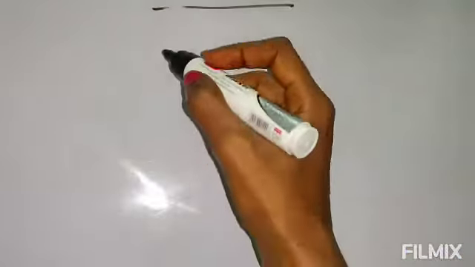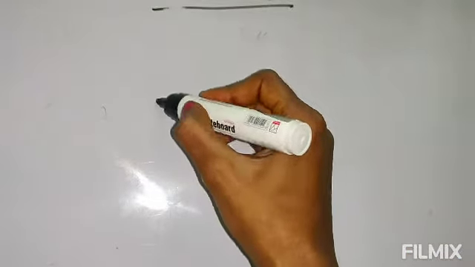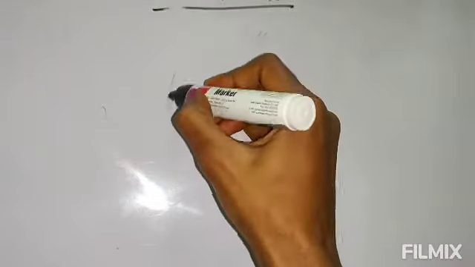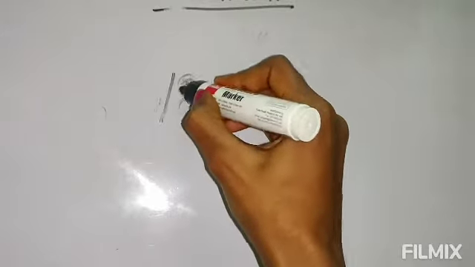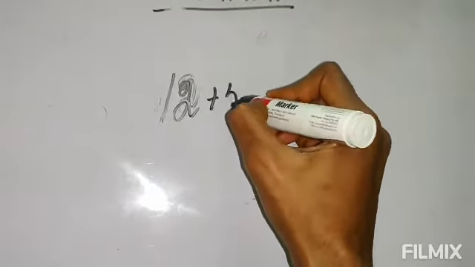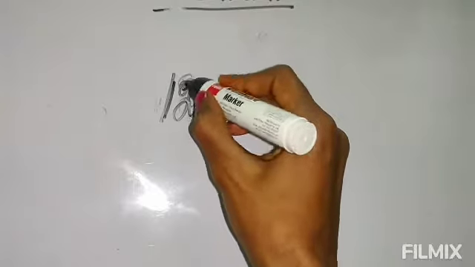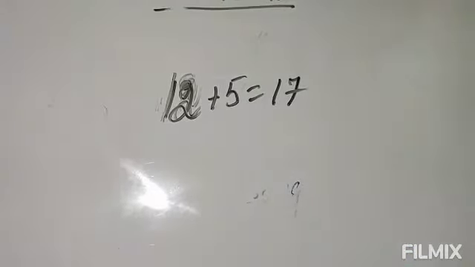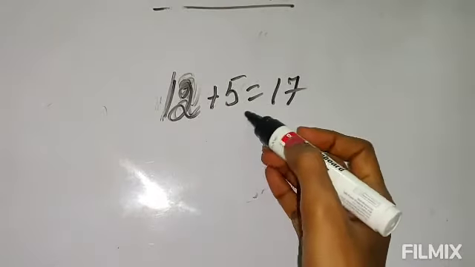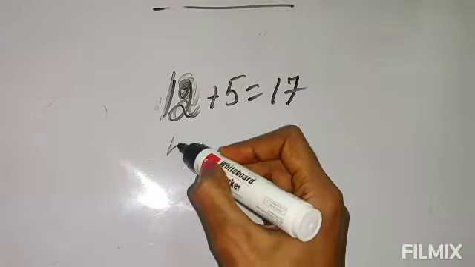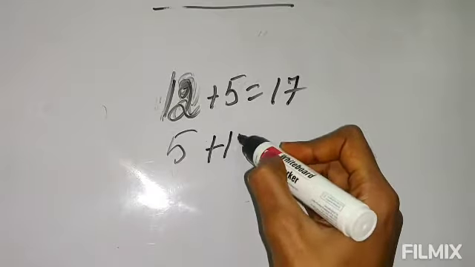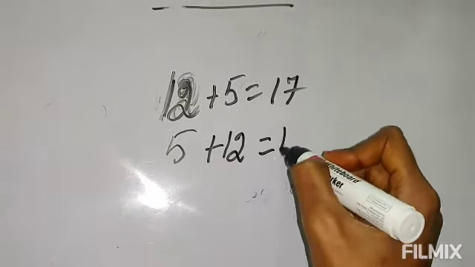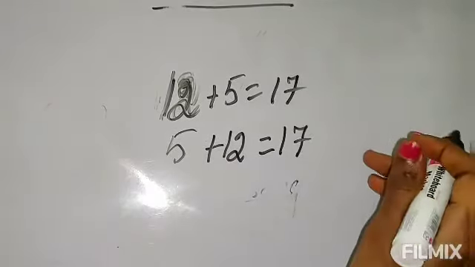Okay, let me say now, suppose you are adding 12 and 5, you will get 17. Okay, same number. If you see, 12 is bigger, 5 is smaller, and if you change the number, 5 plus 12, you will get 17 only.